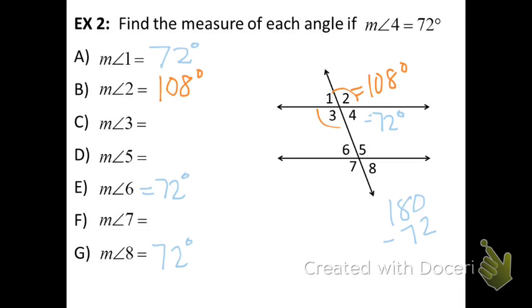I know that 2 and 3 are vertical angles, so 3 is 108. I know that 2 and 7 are alternate exterior, so 7 is 108. And I know that 2 and 5 are corresponding, so 5 is also 108 degrees.